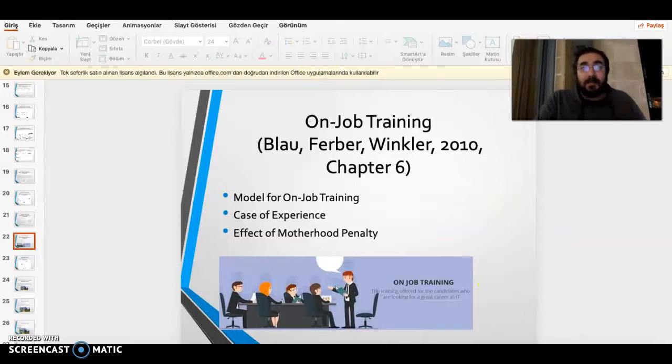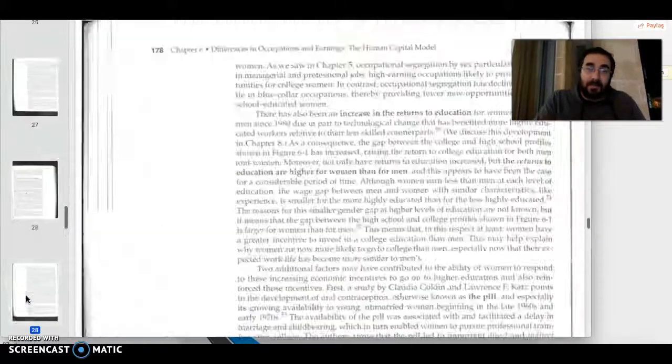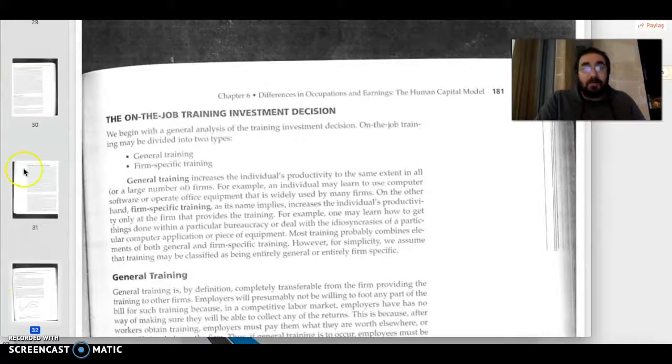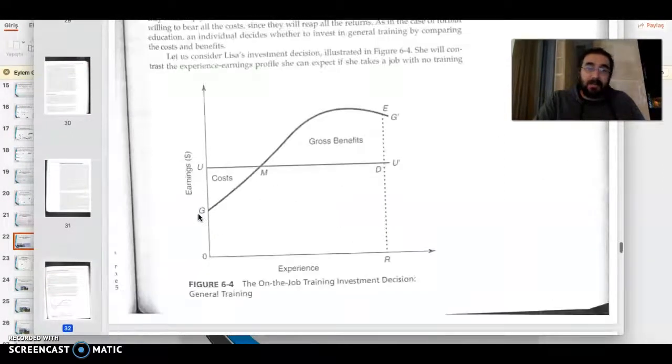And the second thing, on-job training. For that, we should mention the other model here. We should note there are two types of training. One is general training, which is taken by the person. Usually the costs are paid by the person because it gives a general skill, like learning Spanish. That can be used by any company, so you can quit the company, but the skill is still helping you.